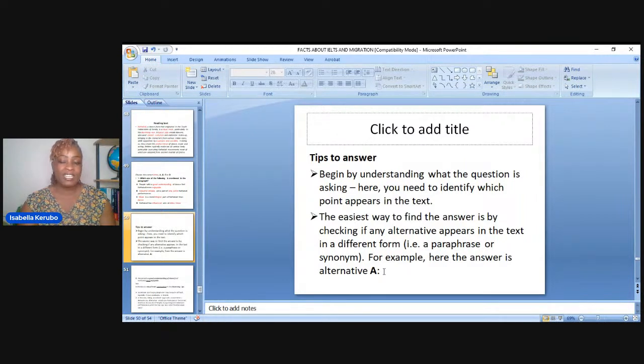Each person is different. Whatever someone finds easy might not be the same case with another. So option one. Here I called it the easiest way because that is what most students find, is by checking if an alternative appears in the text in a different form. So this is when you are trying to figure out if there is any paraphrasing that has been done, or any use of synonyms.